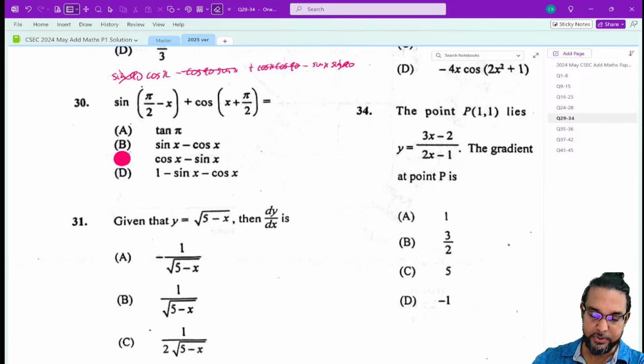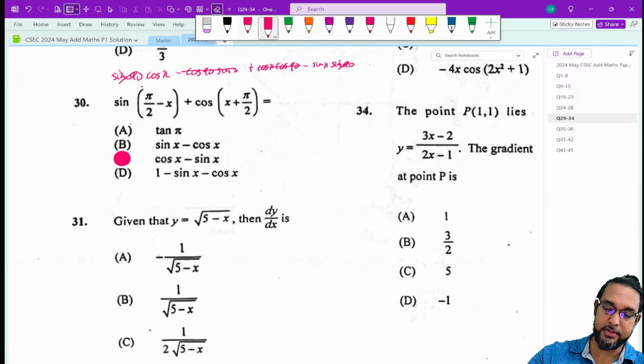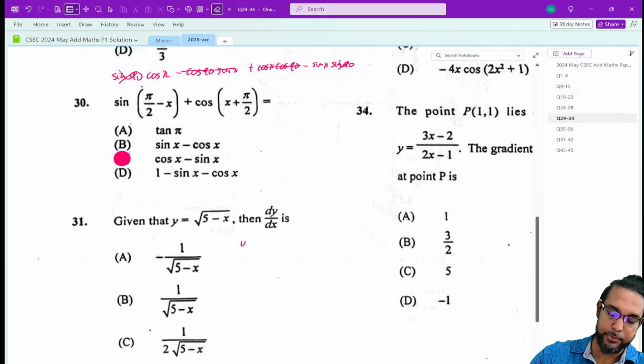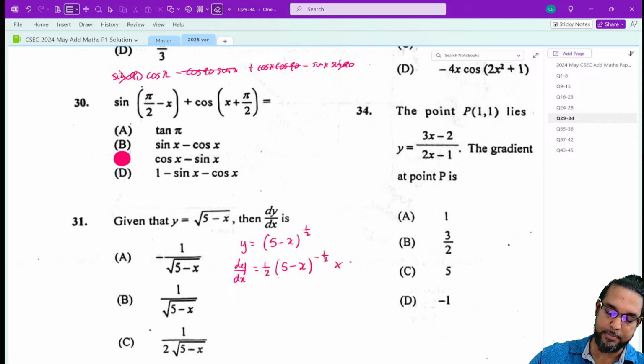Alright, given that y is equal to that, then dy, okay, so we're into calculus, not derivatives. We'll rewrite the function as 5 minus x to the power of a half. Then the derivative of y with respect to x: the algorithm is multiply the index to the front, decrease the index by 1, and multiply by the derivative of inside the bracket.